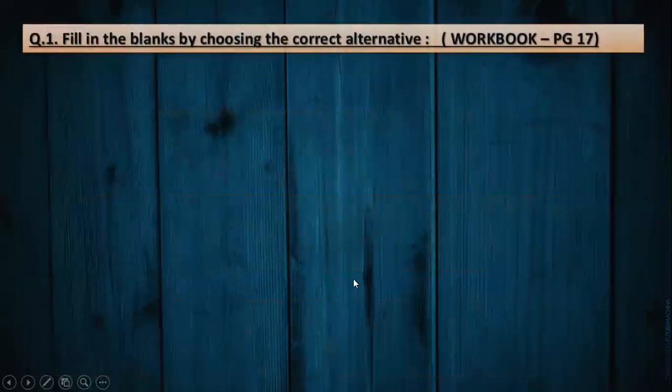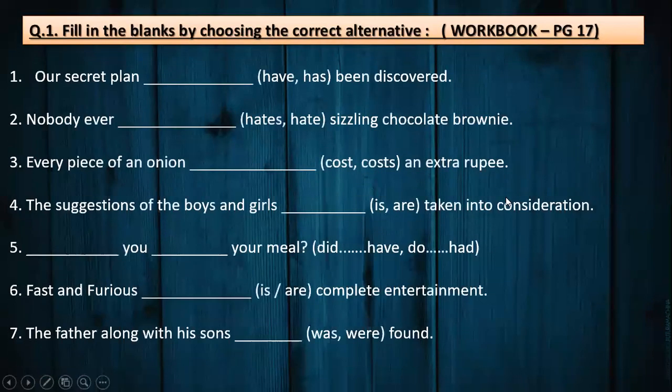All right. So here we have a quick look at the sentences. Come on. Our secret plan dash being discovered. Yes, it is there in your workbook, page number 17, which is what I have marked here. Has. Super. Come on, next. Nobody ever dash sizzling chocolate brownie. Nobody hates.